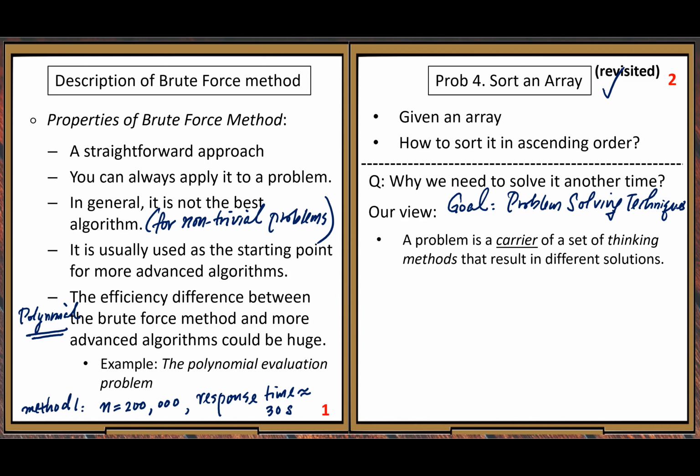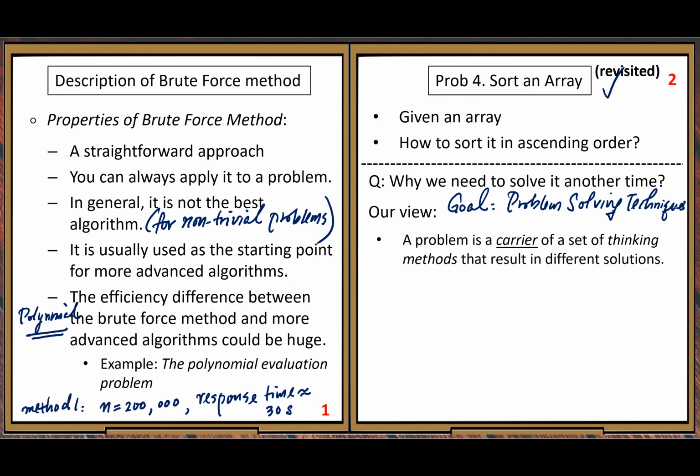But you need some carrier, some container, to hold these thinking ways, methods, algorithms, techniques.